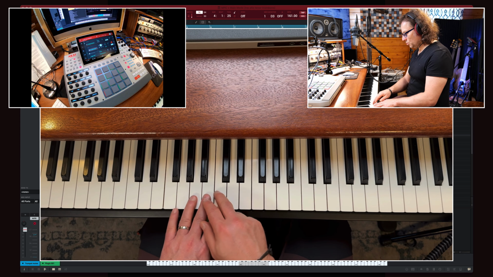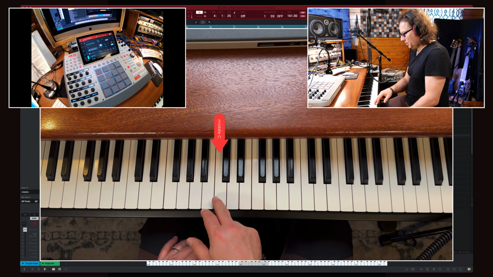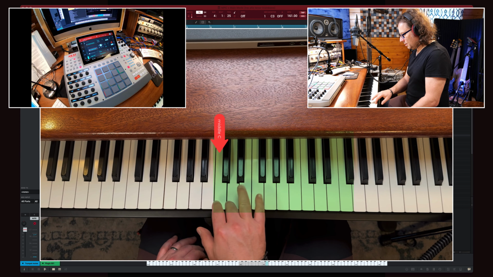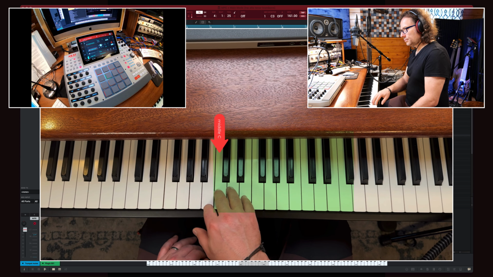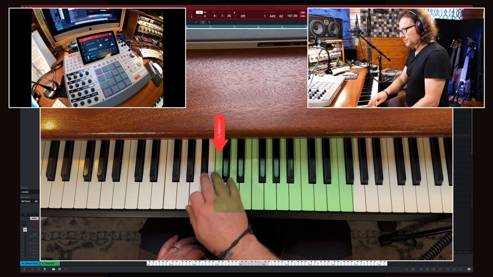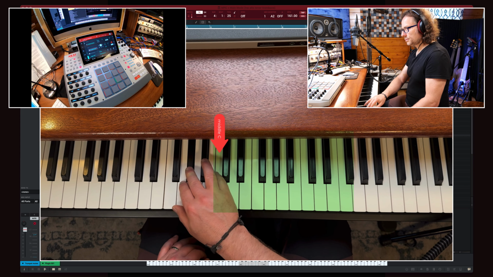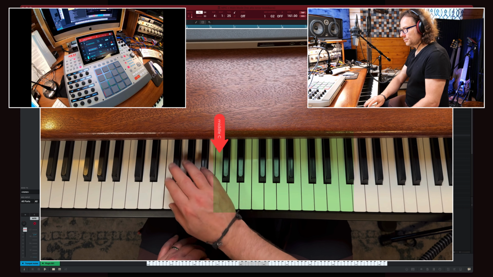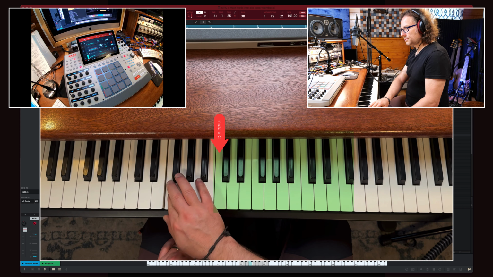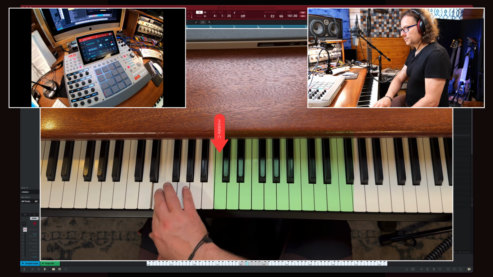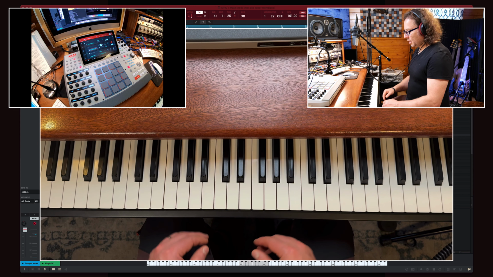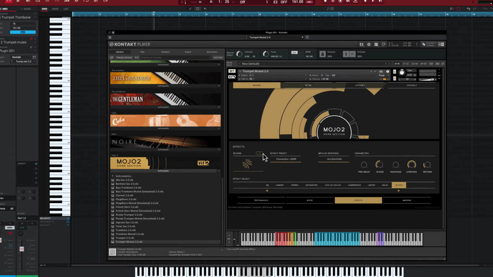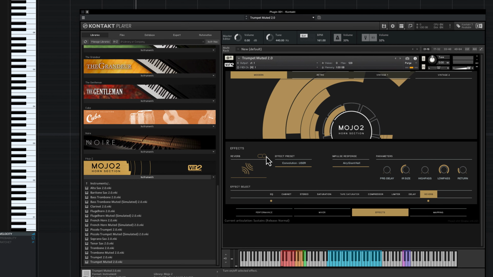Okay, so if I go, of course I could, but if I go beyond that C, you can tell controlling that sound is much more difficult.